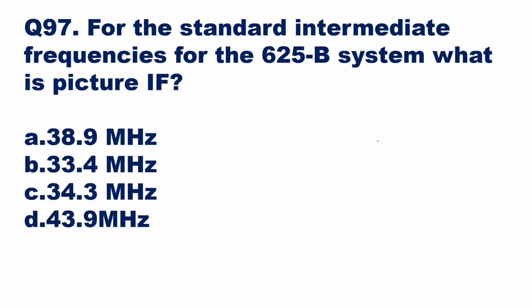For our TV system, we have a picture IF and a sound IF. For picture IF, the value is 38.9 megahertz, which is standard in the 625B system followed in India. So option A, 38.9 megahertz, is the picture IF.